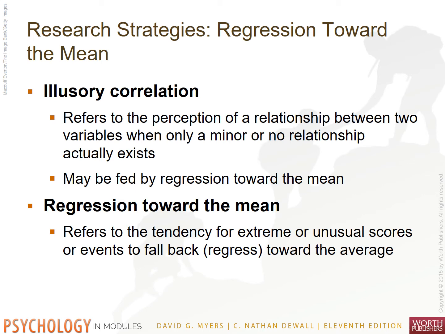So regression towards the mean can alter the value of a correlation, but you always want to look for the confounding variable or the alternative explanation that's driving the illusory correlation. Always look for alternative explanations. That's the way you become a good scientist.